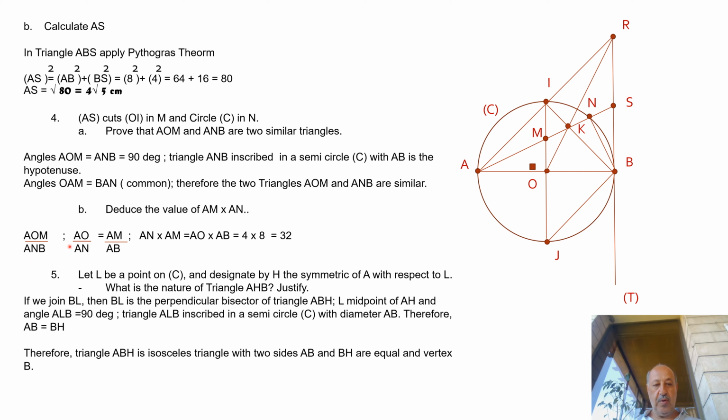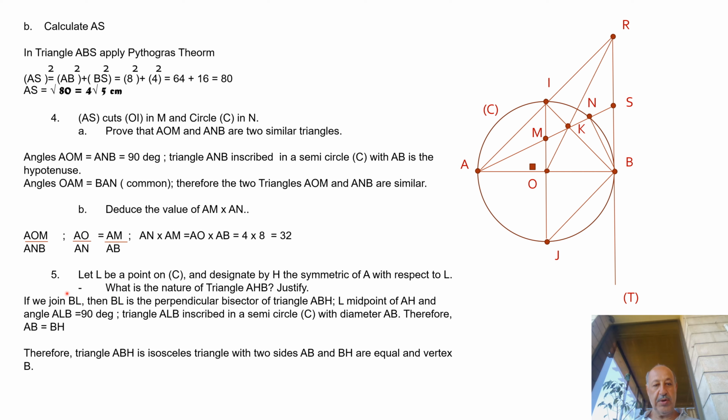So if we do cross multiplication, AN times AM, that's what we're going to find, is equal to AO times AB. What is AO? AO is the radius of the circle, 4 centimeters. AB is the diameter of the circle, which is 8 centimeters, so 4 times 8 equals 32.